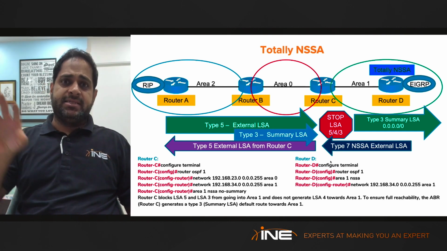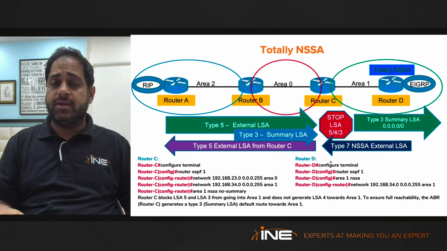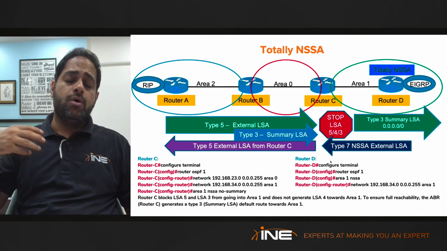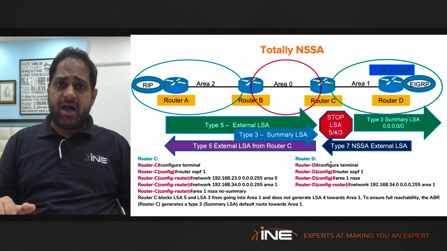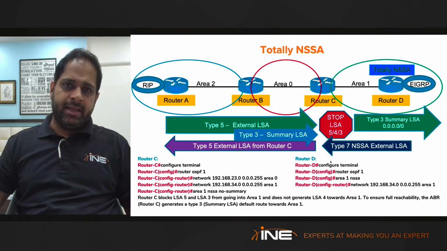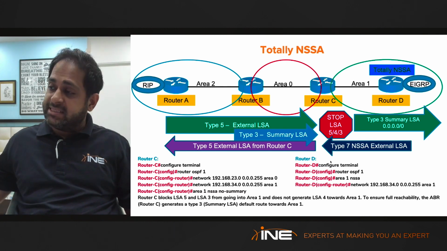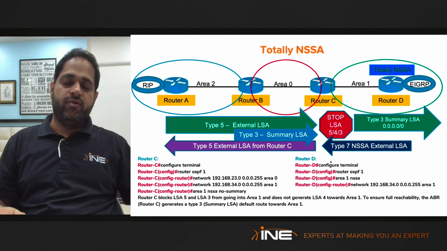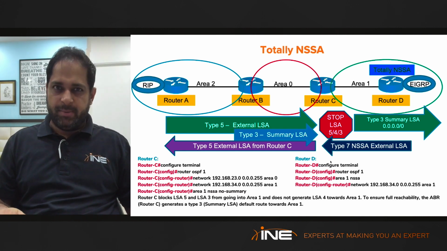Type 7 LSA is generated, not type 5, because type 5 cannot go inside not-so-stubby. So router D, who's the ASBR, generates type 7 that goes throughout the NSSA area, and when the ABR gets it, he translates 7 to 5 and sends type 5 throughout the OSPF domain outside of the NSSA area. This is totally not-so-stubby.